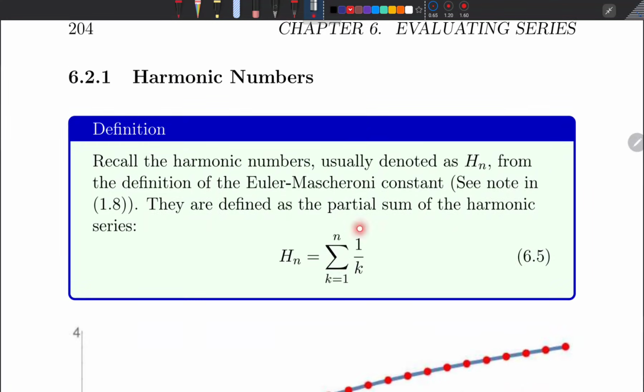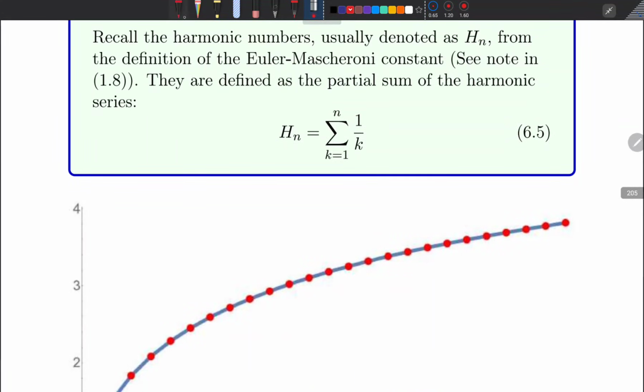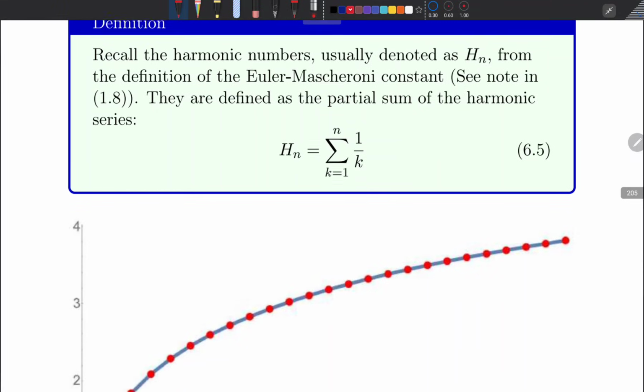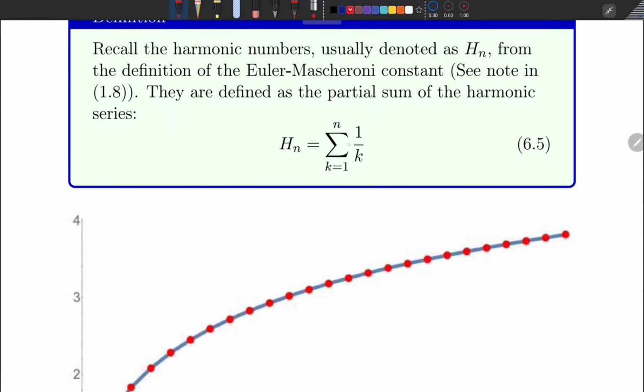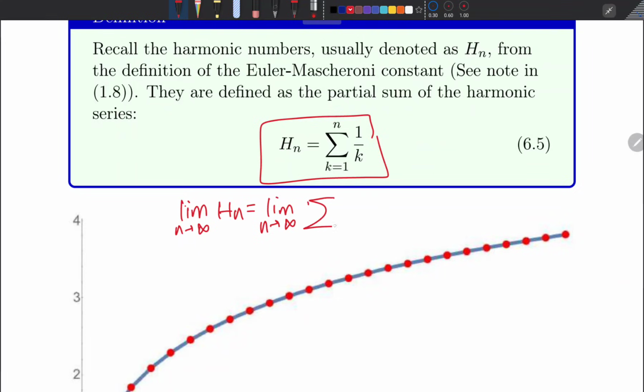We have harmonic numbers. Oh wait a second, this is amazing. This is literally amazing. You know what the beauty of harmonic numbers is? Basically this is your harmonic number, right? So when you take the limit as n tends to infinity of h sub n, we have the limit as n tends to infinity of this very sum of 1 over k, and we can just substitute n as infinity.